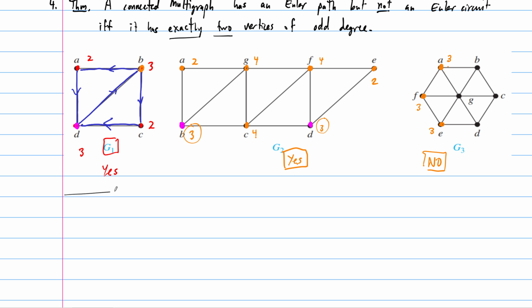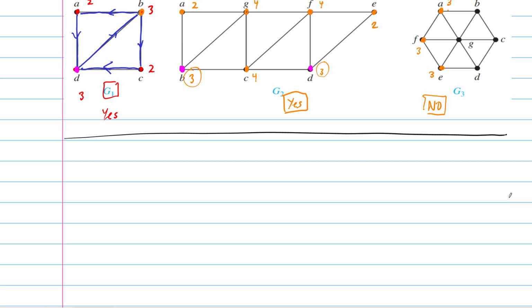All right, one more thing to discuss here. We'll call this a definition. A simple path in a graph that uses every vertex exactly once is called a Hamilton path. So a simple path in G that uses every vertex exactly once.